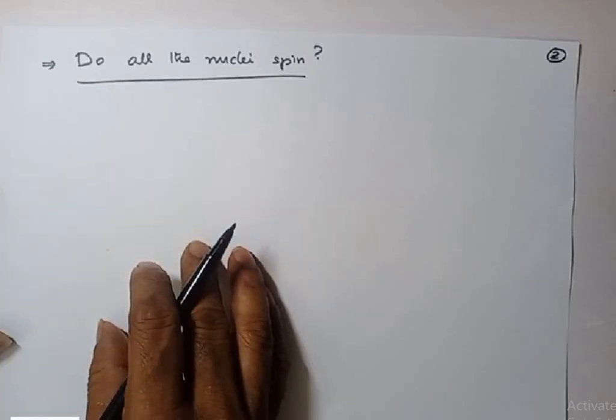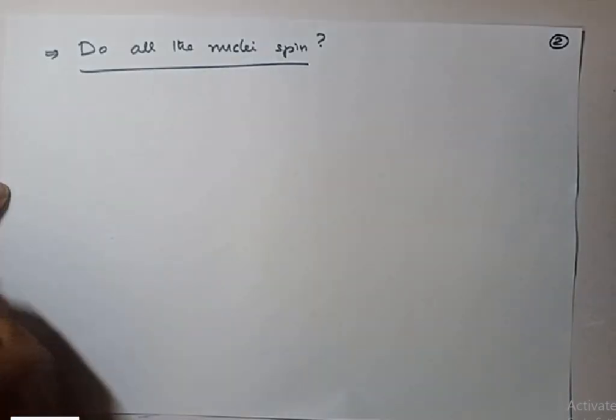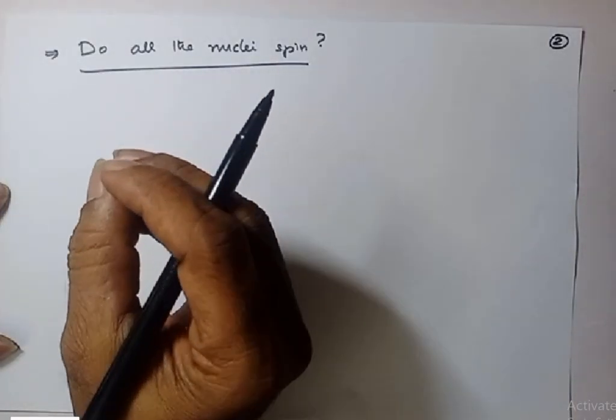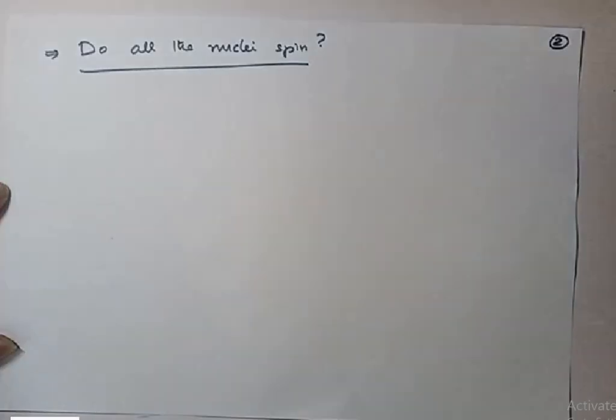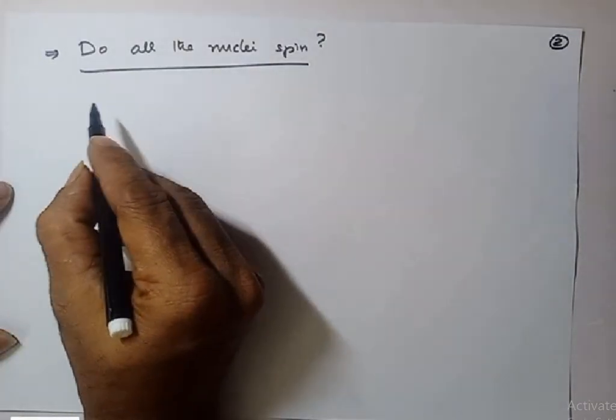Observe carefully. The spin of a nucleus is decided by what is called the spin quantum number, spin quantum number I. What is spin quantum number? We'll discuss. Listen.